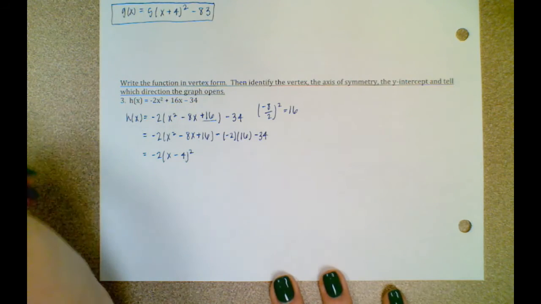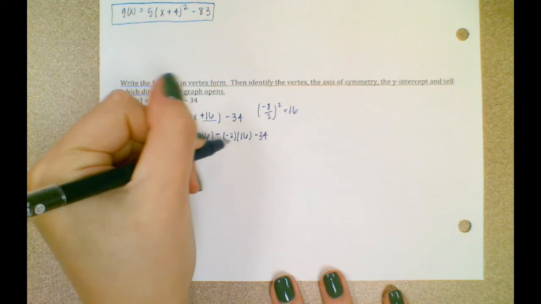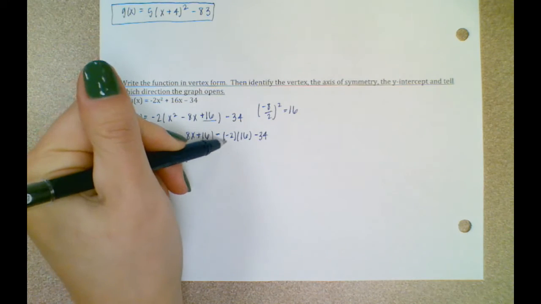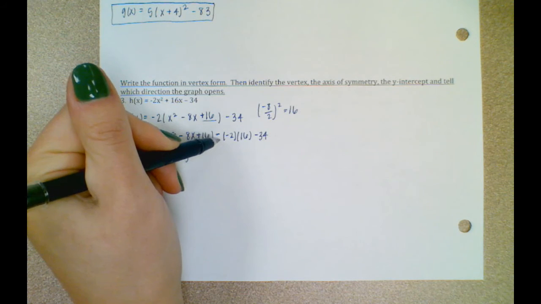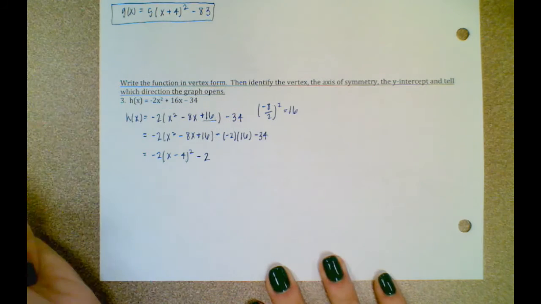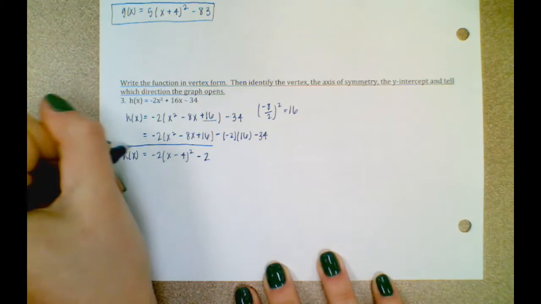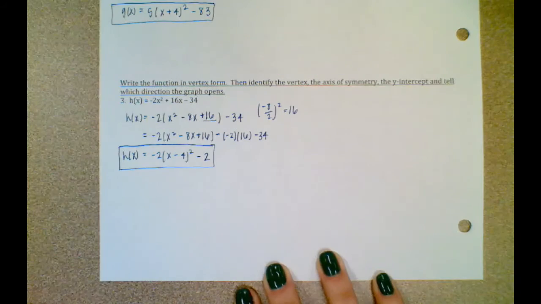Yep. Okay, and then that's going to be negative 32, but 2 negatives make a positive. So I have positive 32 minus 34, which gives me negative 2 right there. So this is my function in vertex form.